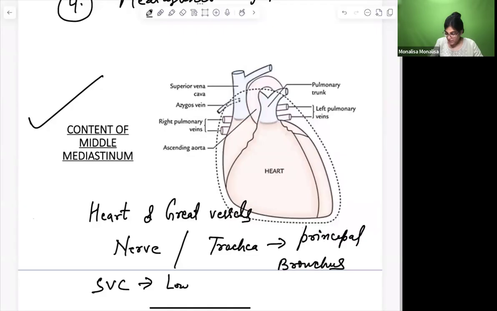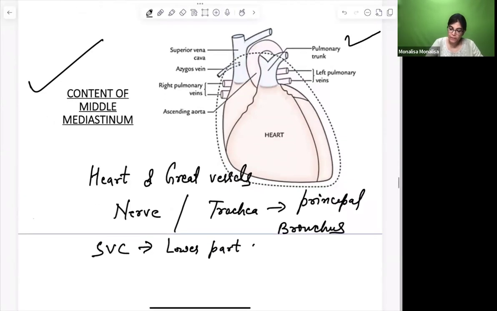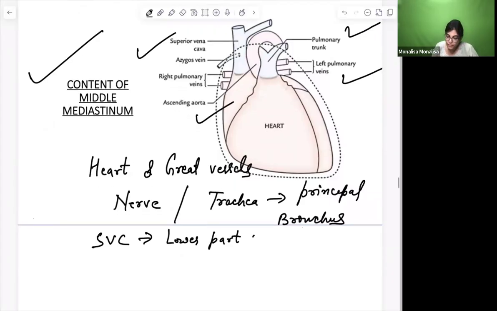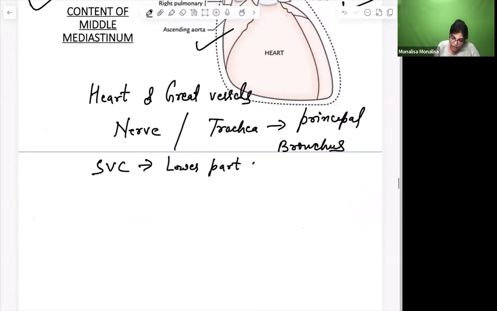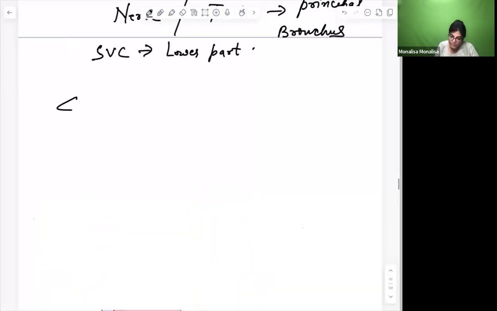Basically all the structures related to the heart: pulmonary trunk, pulmonary veins, lower part of the superior vena cava, ascending aorta, along with the bifurcation of the trachea into principal bronchi, and the covering of the heart and great vessels, that is the pericardium.